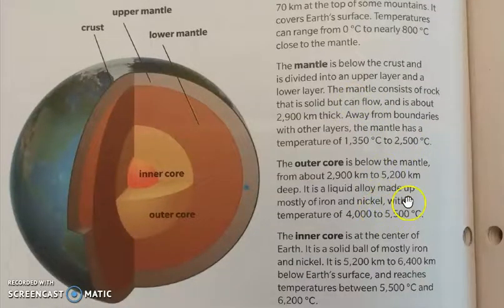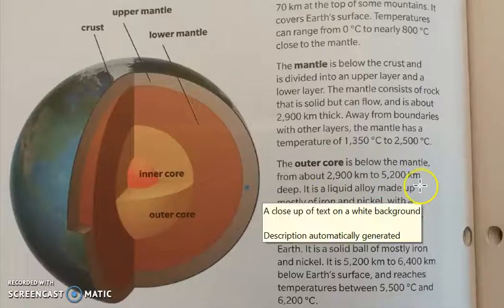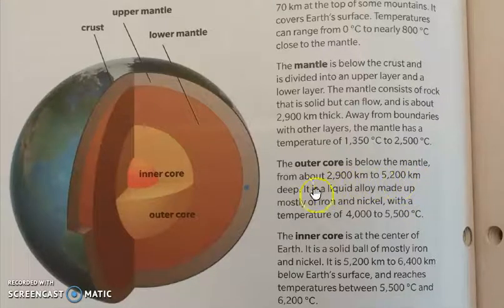Okay. Now the outer core is below the mantle, from about 2,900 kilometers to 5,200 kilometers. That's how deep it is. It's way down here in the middle. This is the light yellow part here, the outer core. All right, and it is a liquid alloy, okay? It's made out of liquid metals, mainly iron and nickel.